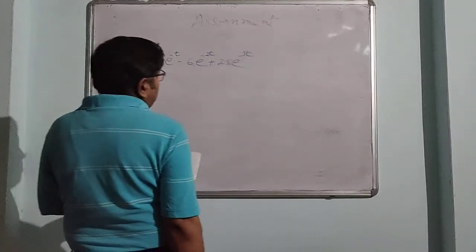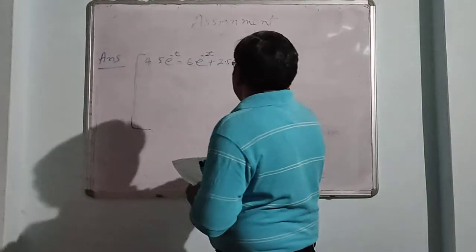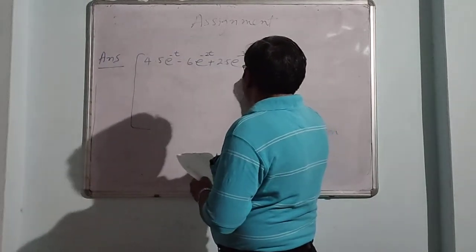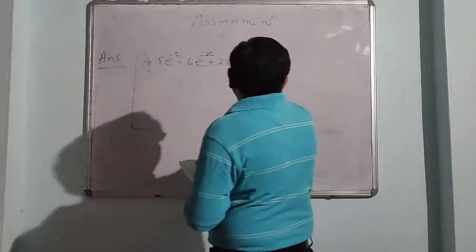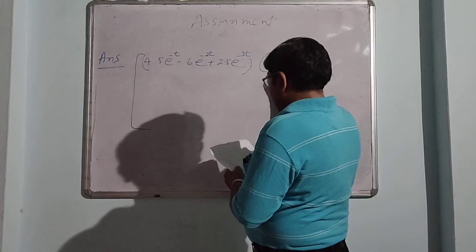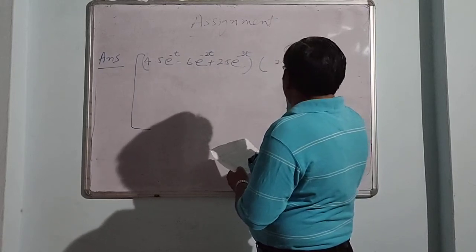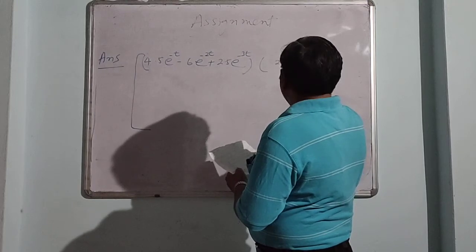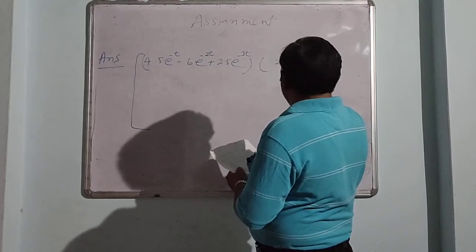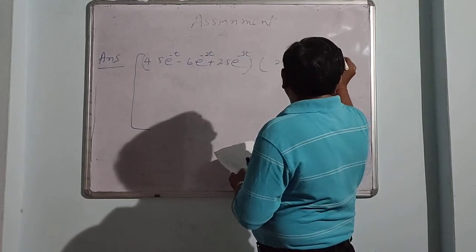This is the first term, and the second term is 2.5 e to the power minus t minus 4 e to the power minus 2t plus 1.5 e to the power minus 3t.